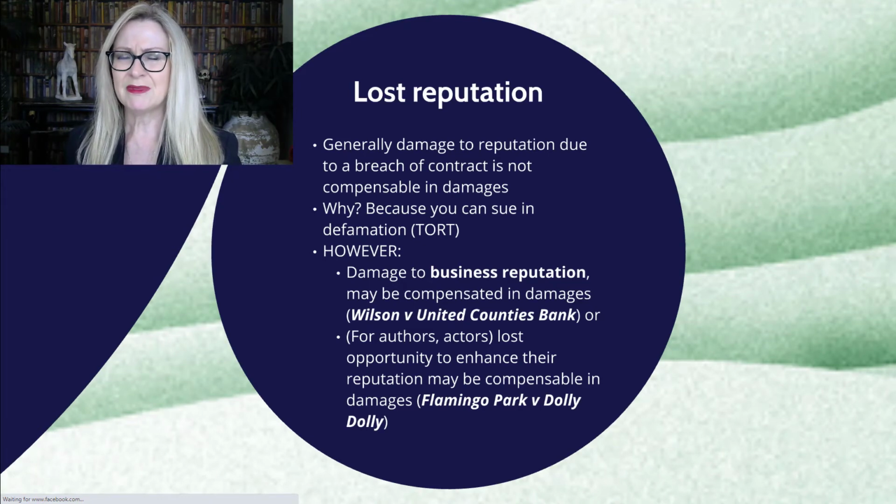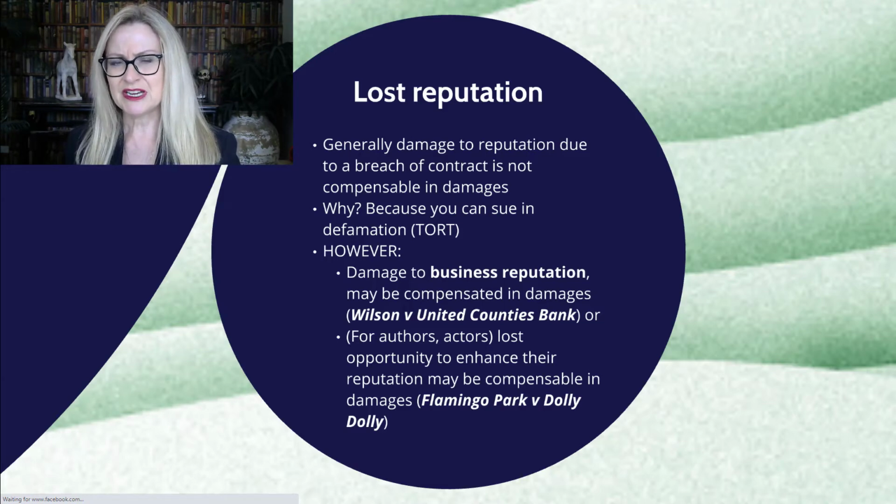Generally speaking, much like damages for mental distress, damages for lost reputation or impugned reputation are not compensable. Why is that? Because usually you can sue in defamation, which is a tortious action. However, there are a couple of circumstances where you might be able to claim damages for diminished reputation.